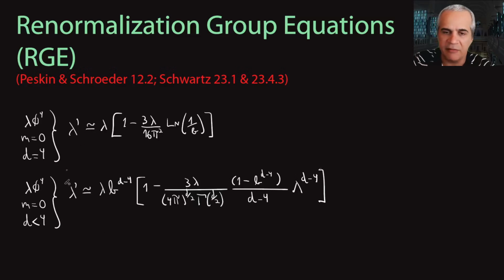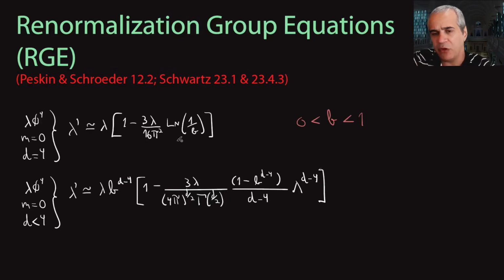This is the value of the coupling after one renormalization group transformation, with a finite size given by b. b here is between 0 and 1, closer to 1 than to 0 if you want to make this a small step.